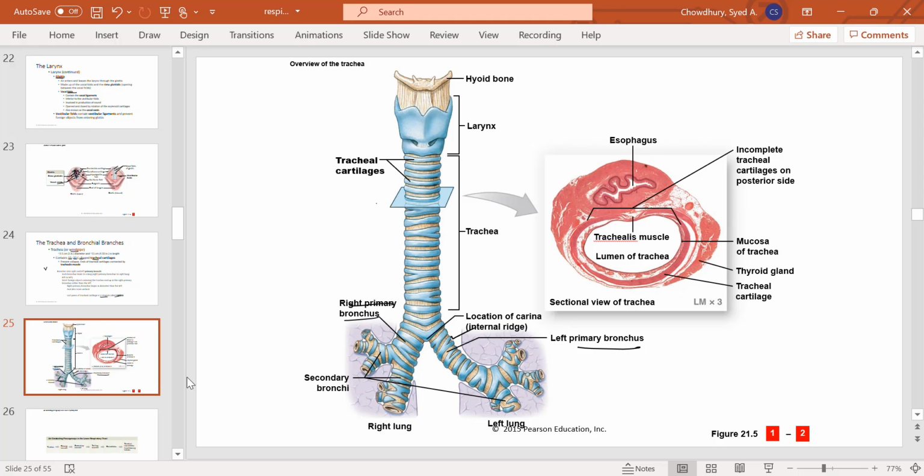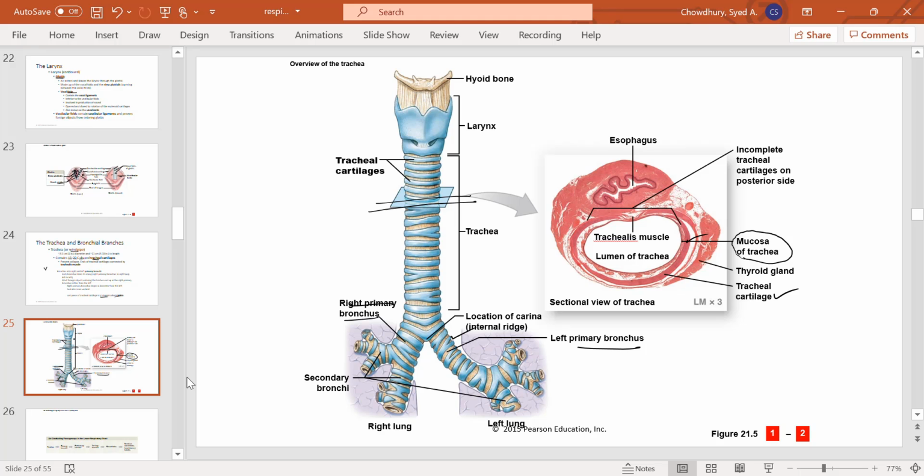Now, if you make a cross section of the trachea and see, it has three layers in the wall. Of course, mucosa is the innermost, you know that, mucosal lining or epithelium, and then you have the middle layer, and the middle layer is the layer where you have the cartilages.